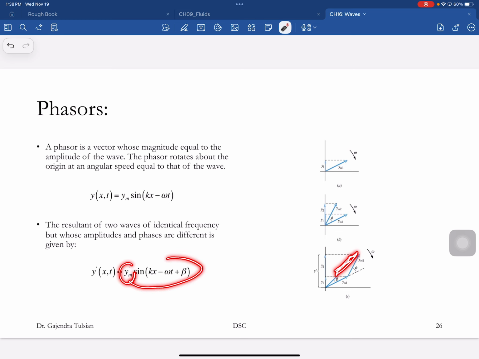So the amplitude y prime is related to this vector and that vector and this angle phi. So instead of having to do trigonometric summation, all you do is draw all these vectors and get the amplitude from this diagram. So this is the phasor.